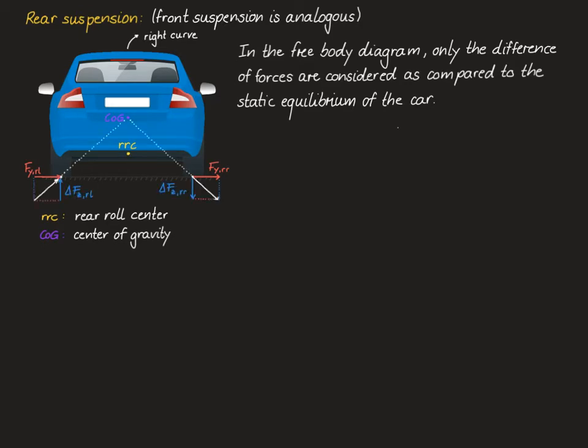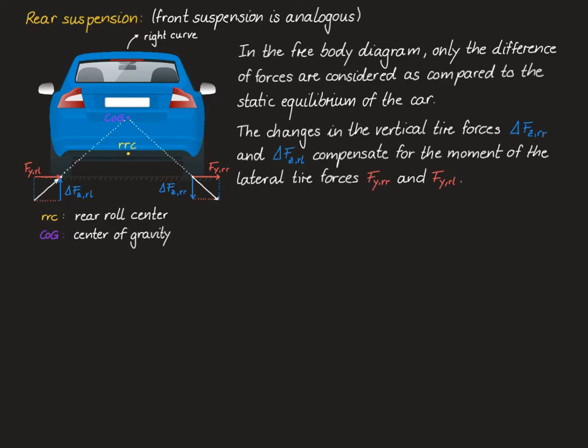Hence, this moment has to be compensated by a moment of equal size and opposite sign that's caused by a change in the vertical tire forces of both tires. So, as drawn in the diagram, the changes in the vertical tire forces, delta FCRR and delta FCRL, compensate for the moment of the lateral tire forces FYRR and FYRL.